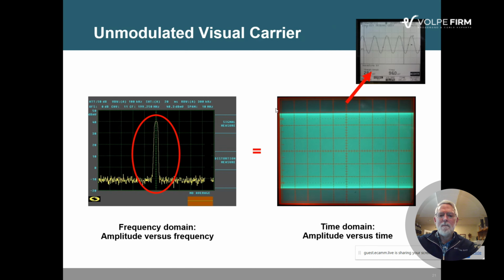So Ron, this is such a good slide to help people visualize, and I struggled for a long time to understand the difference between the frequency domain and the time domain. This slide, I think, just really spells it out so that people can understand. The image on the left is the frequency domain, and that's your CW carrier, and it has a center frequency of 199.25 megahertz, just shy of 200 megahertz.